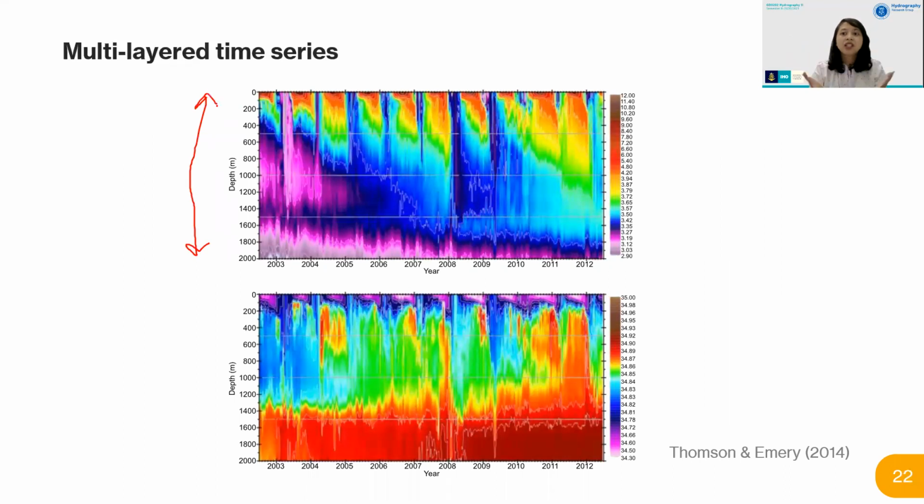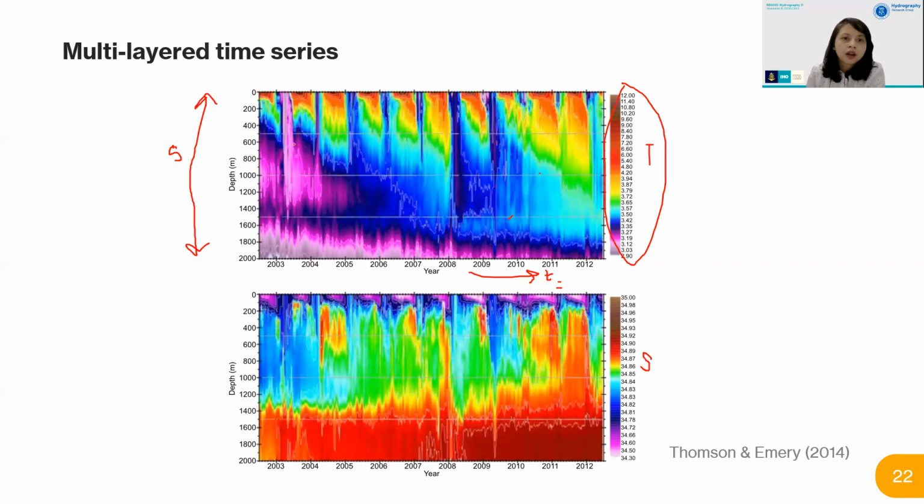This is your spatial dimension, I'll just say S, and this one is your time dimension. And the filler in here is the parameter that you're actually plotting. I think from the numbers, this could be temperature, this could be salinity. Yeah, okay, that makes sense.